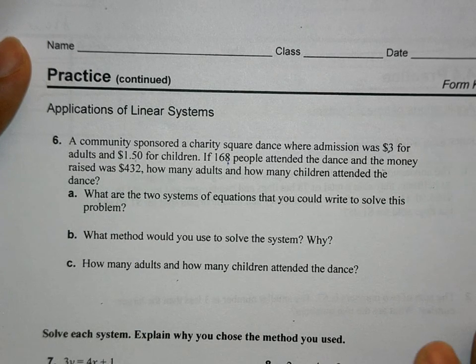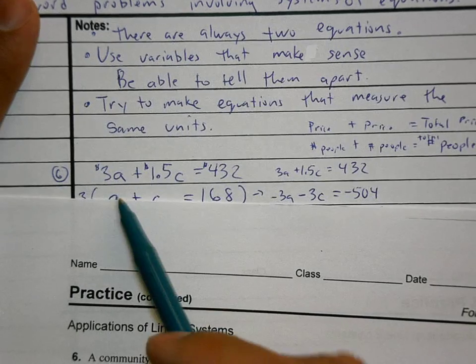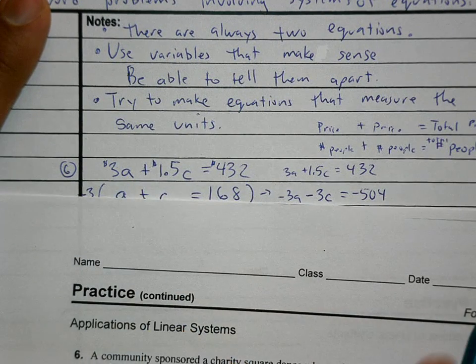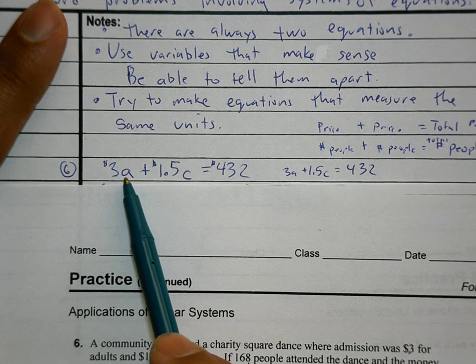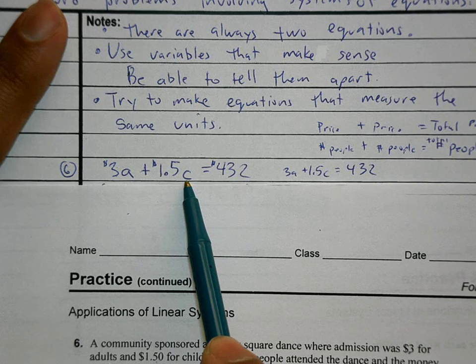Your first equation should be something like this. $3 for the adults, plus $1.50 per child, or every single child.